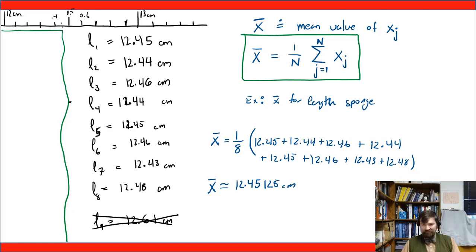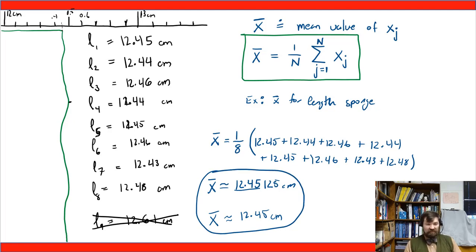Okay, so we've calculated the average value, and we've retained quite a few digits. Probably we would maybe want to round this off somewhere in here, and so x-bar might be like 12.45 centimeters. All right, so we can circle our answer.